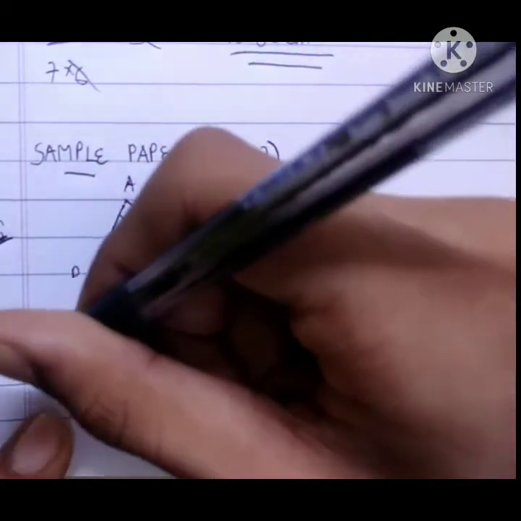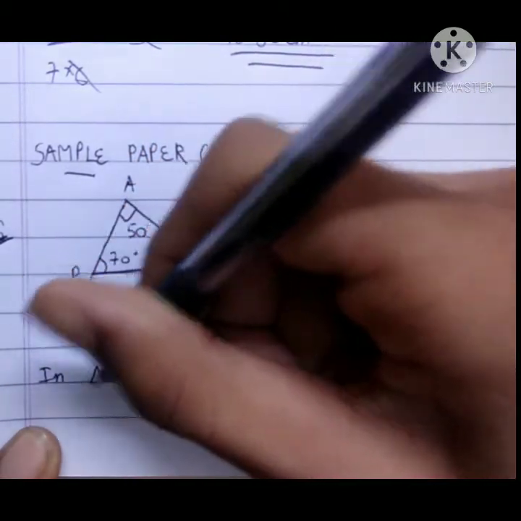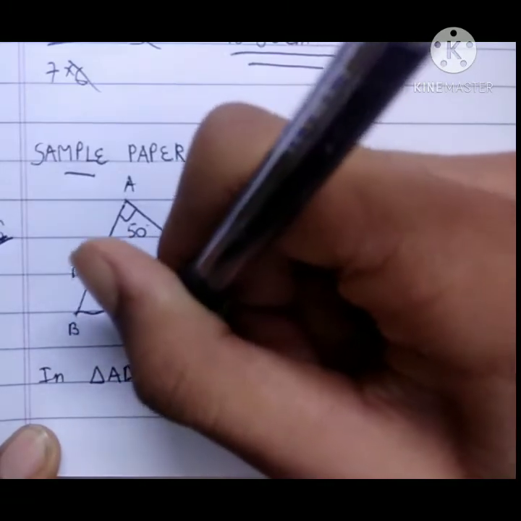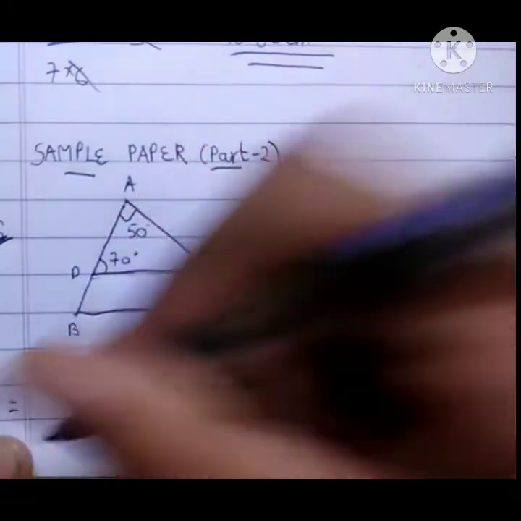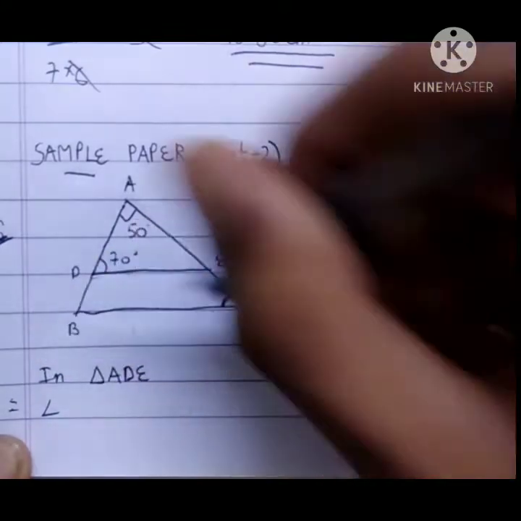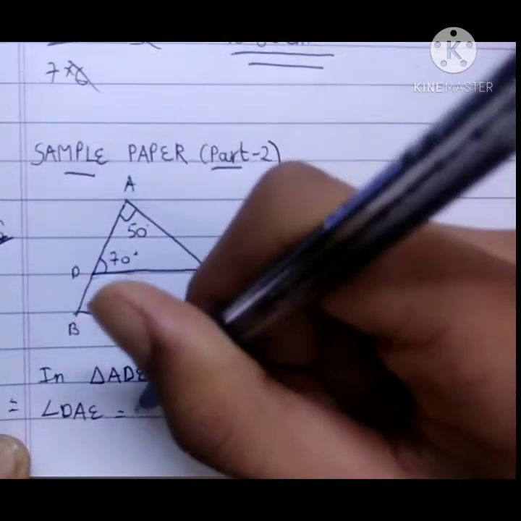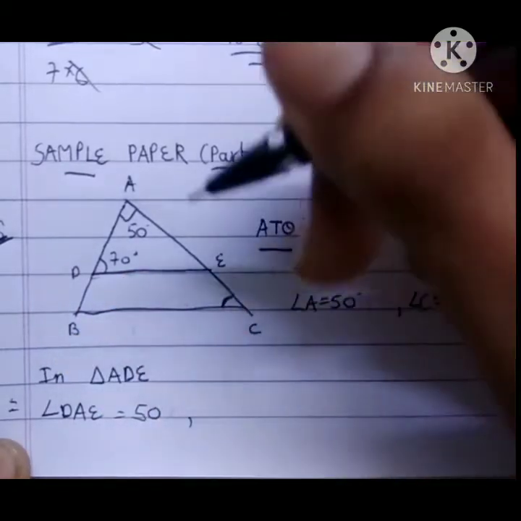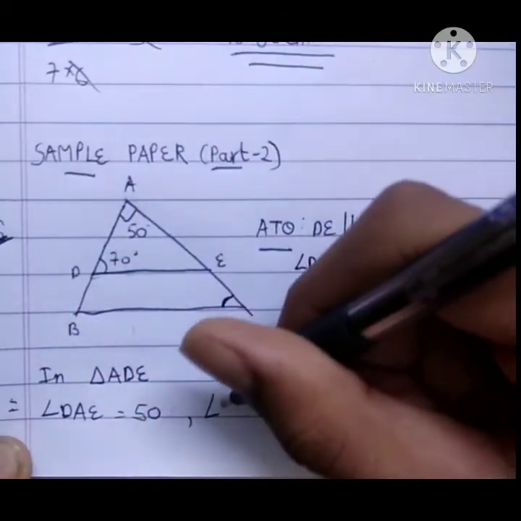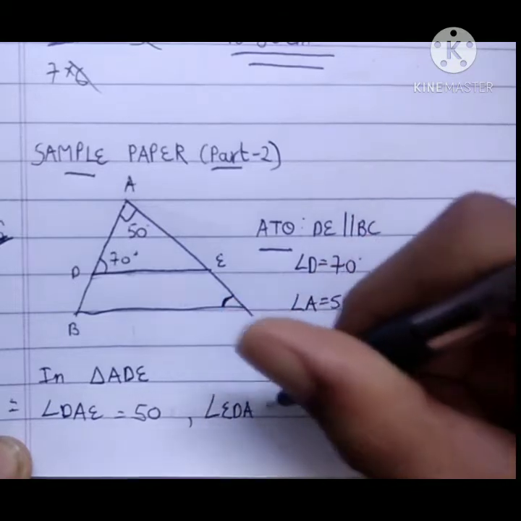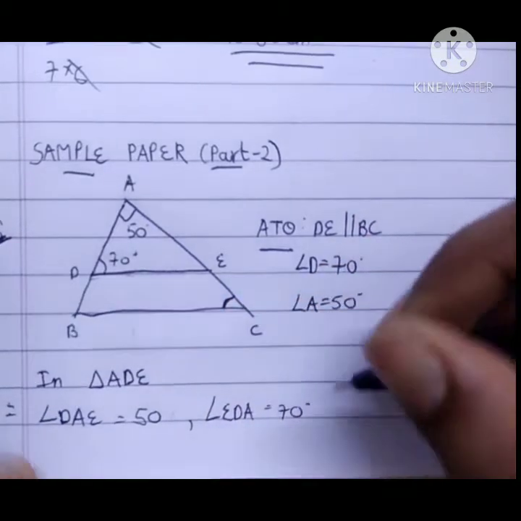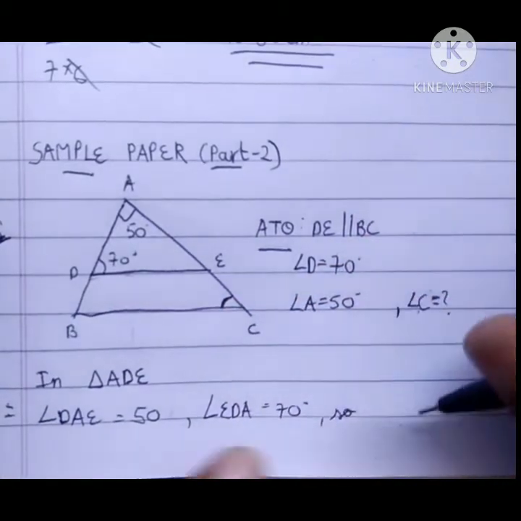So in triangle ADE, angle DAE is equal to 50 degrees, and angle EDA is equal to 70 degrees.